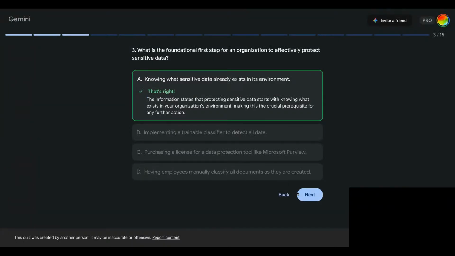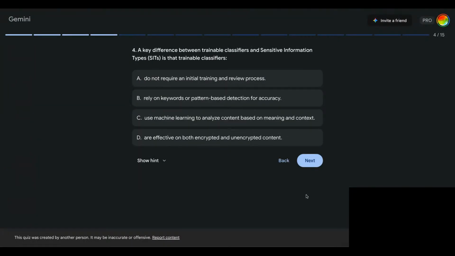Let's go back to the questions. So a key difference between trainable classifiers and sensitive information types is that trainable classifiers do what?